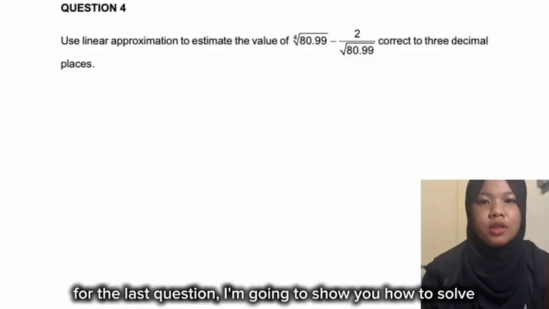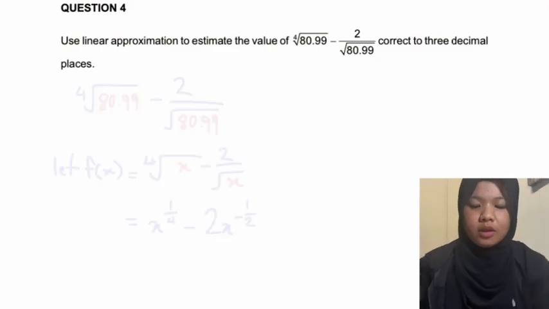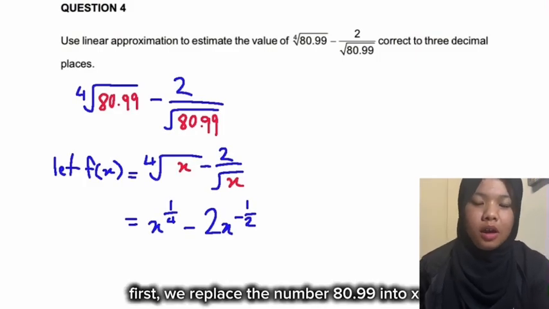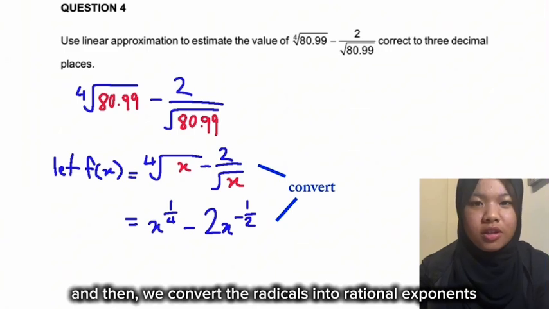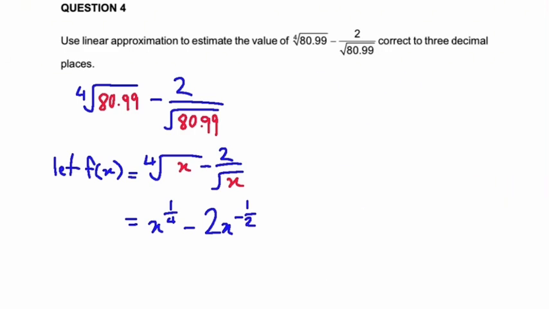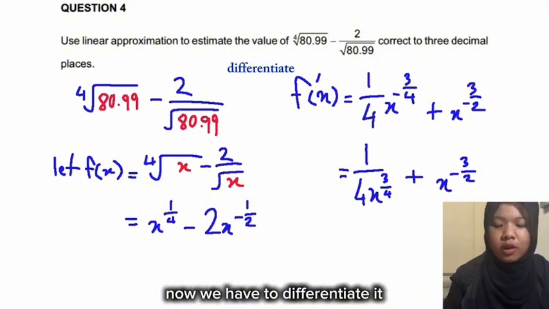And for the last question, I'm going to show you how to solve this problem by using linear approximation. First, we replace the number 80.99 with x. And then we convert the radicals to rational exponents. After converting to rational exponents, now we have to differentiate it.